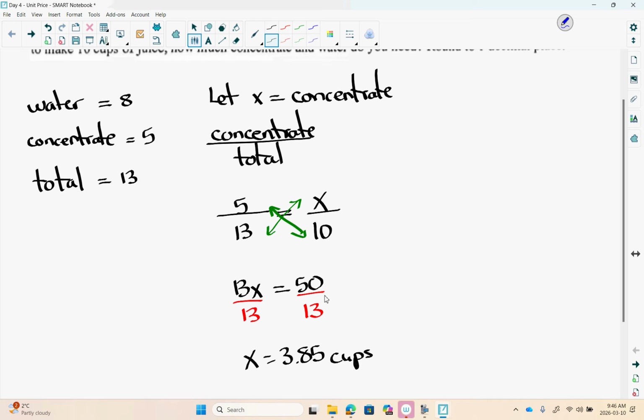Some people just like to repeat the process. They say let Y equal the amount of water. And instead of writing concentrate over total, what should I write here to set up my ratio? Water over total. I'm going to go to the given information.